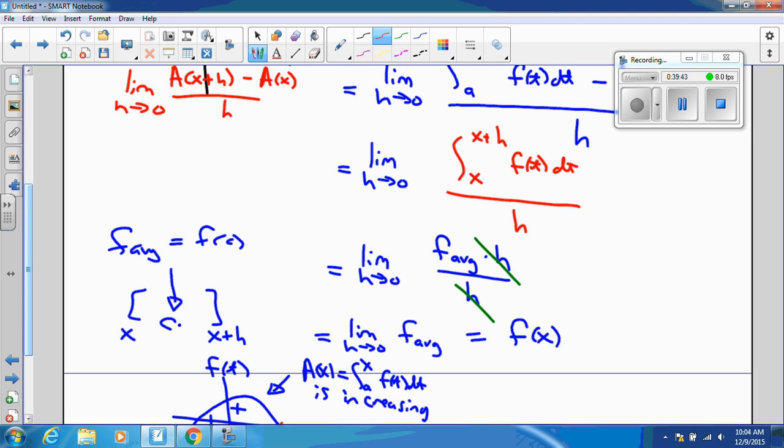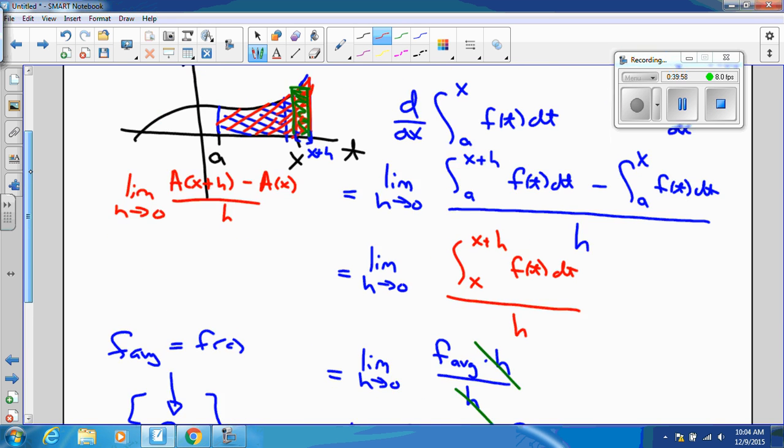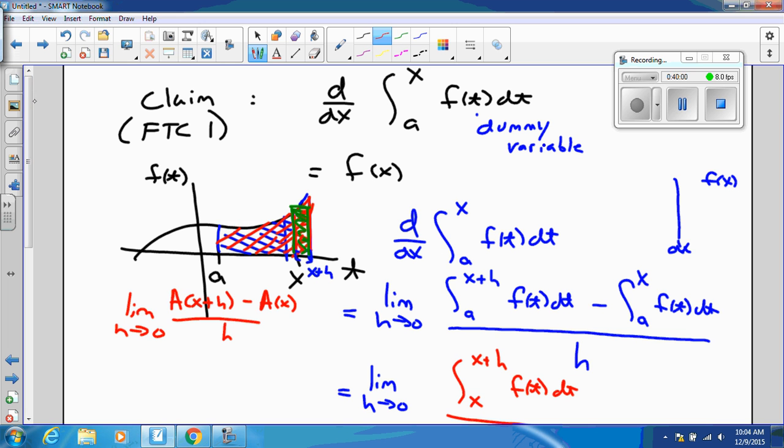If h now goes to 0, squeeze my c, because my c is between x and x plus h, then as h goes to 0, my c has to equal x. So it's really squeezed here. And notice that we did rely on the fact that f was continuous. So we're going to include that as a condition.